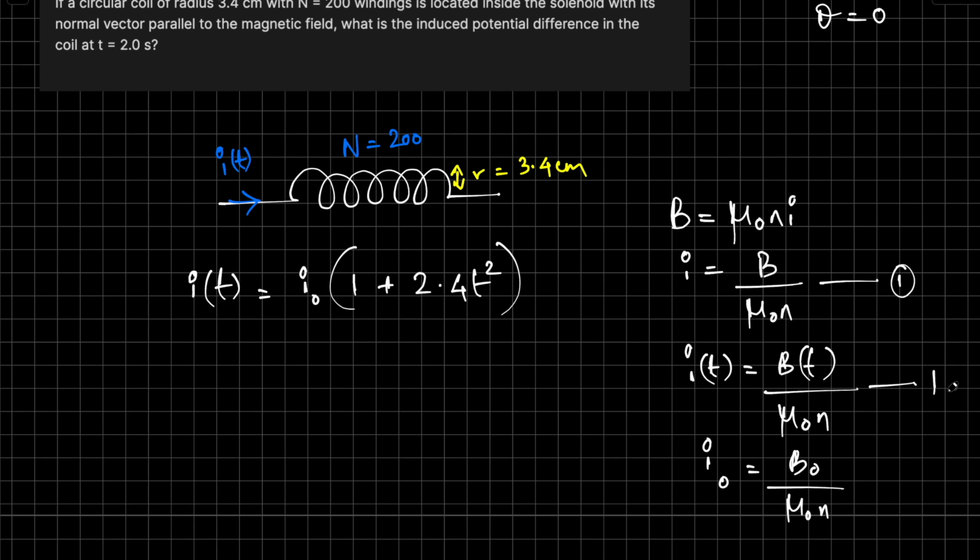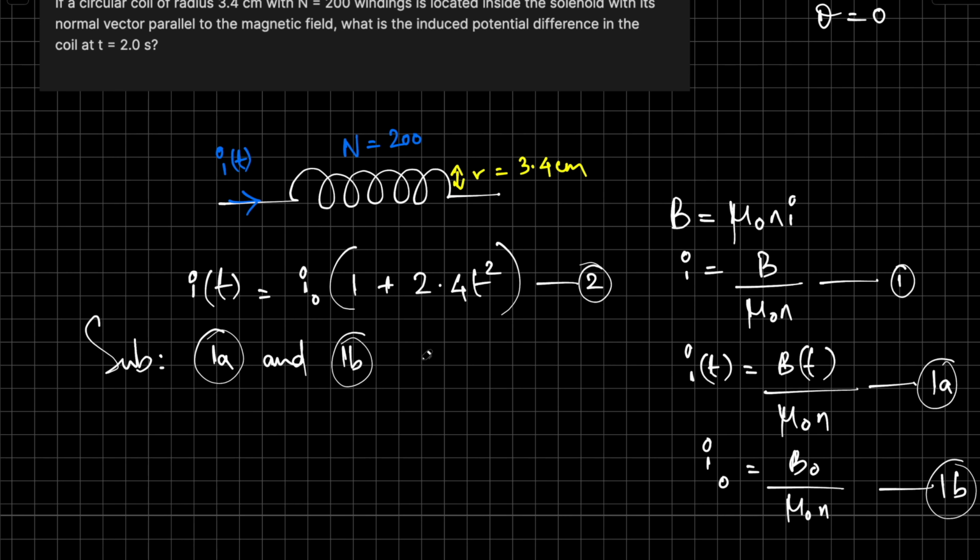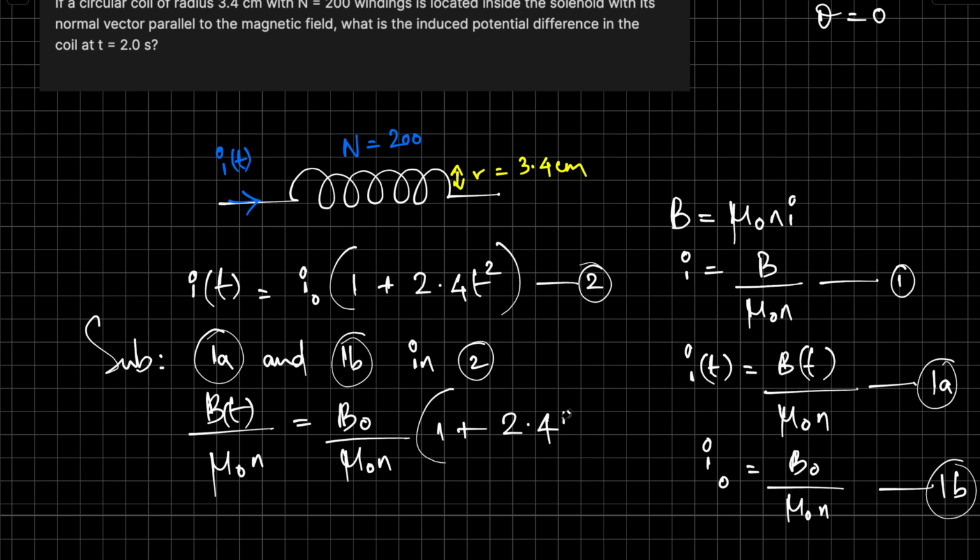Substituting equations 1a and 1b in equation 2, I'm replacing I of t with B of t over mu 0 n, replacing I0 with B0 over mu 0 n, times (1 plus 2.4 t square).